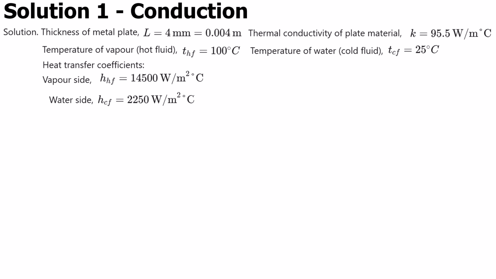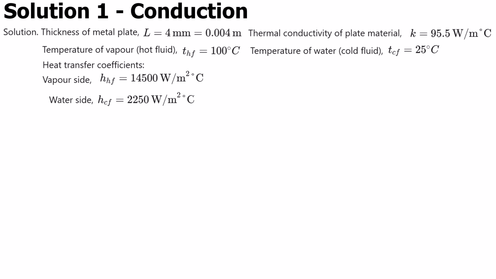Finally, the heat transfer coefficients are given as HF for the vapor side, which is 14,500 watts per square meter degree Celsius, and HCF for the water side, which is 2,250 watts per square meter degree Celsius.